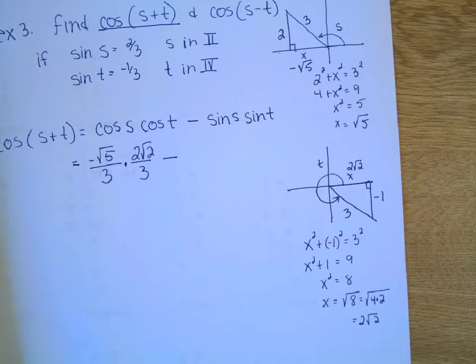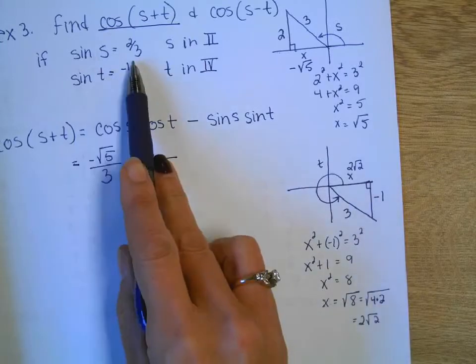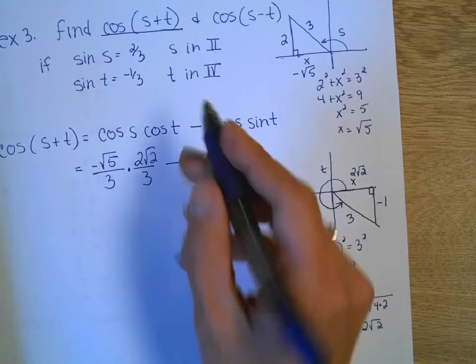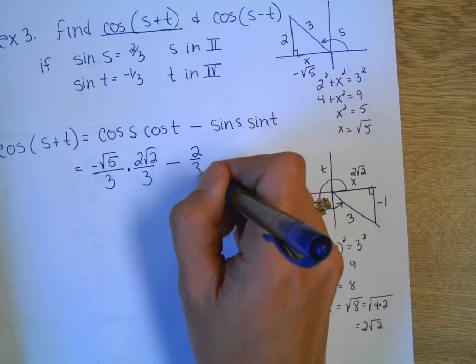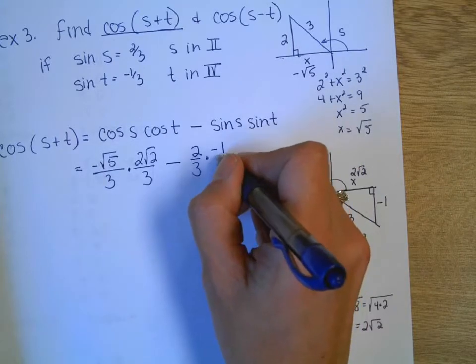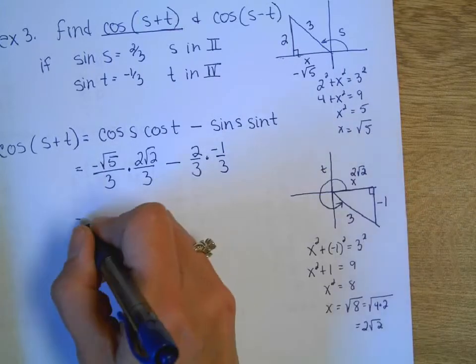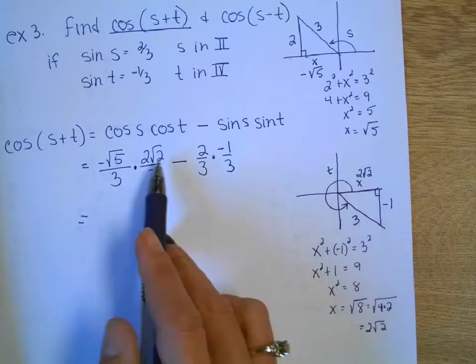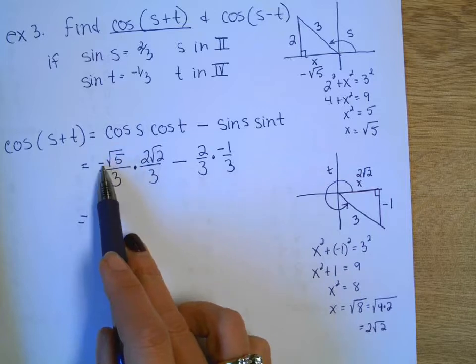Do I know the sine of angle S? We could look at the triangle, but they actually gave it to me at the start. So sine is 2/3. And the sine of t, negative 1/3. Are they all going to have like a square root in front? I think so. I don't know for sure. Okay. What do you think happens here when you multiply?